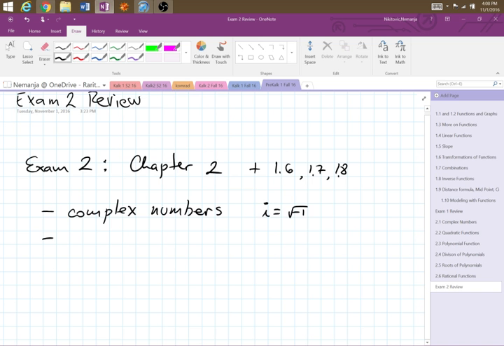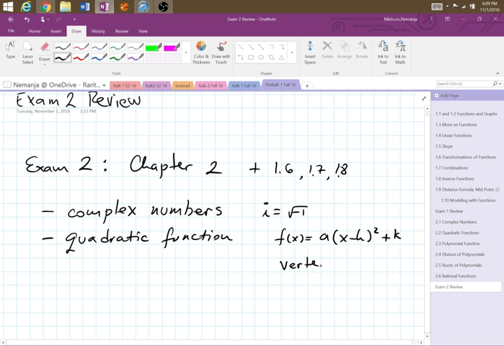We also need to be able to work with quadratic functions, where we focus on f of x being a times x minus h squared plus k, where the vertex is h comma k. The line of symmetry goes through h. The line of symmetry is, in this case, x equals h.